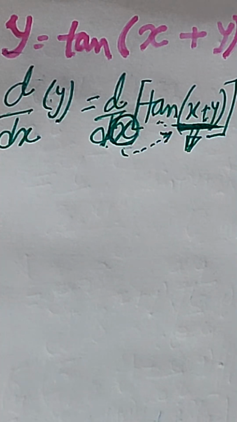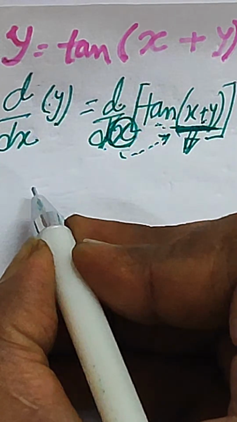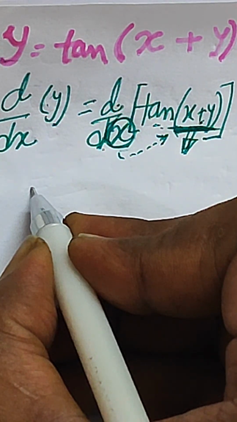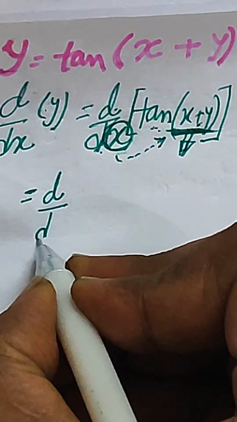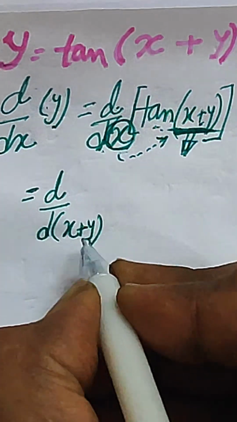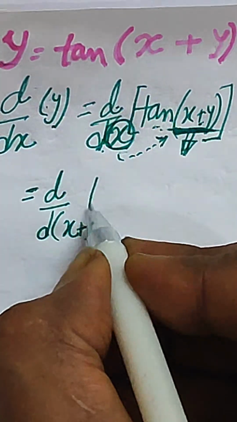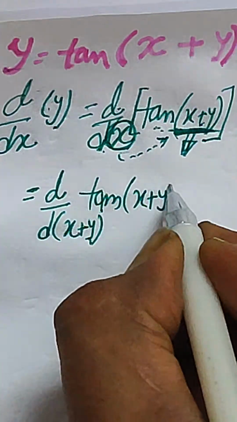So what we will do, we will just differentiate the RHS. Let us see what we are doing. The RHS can be written as d by d of x plus y of tan of x plus y.